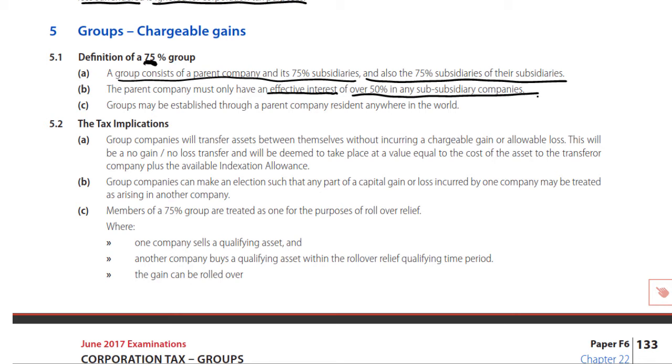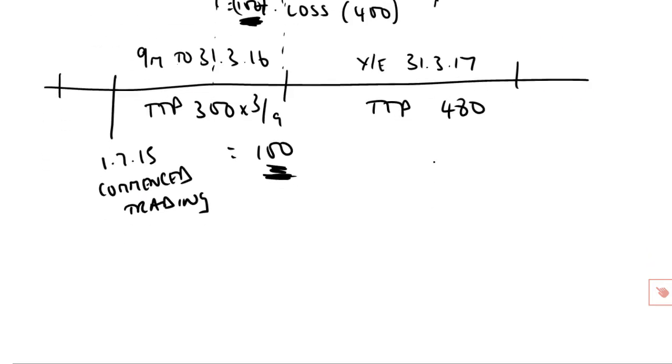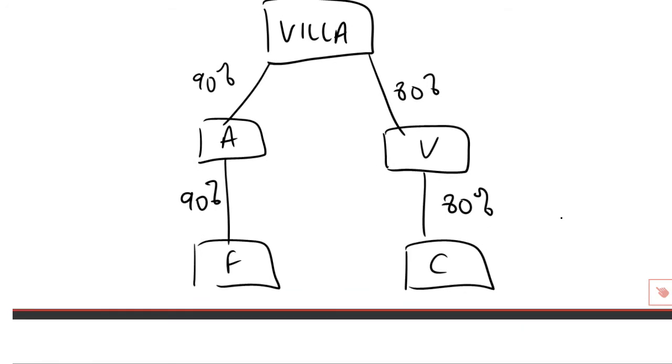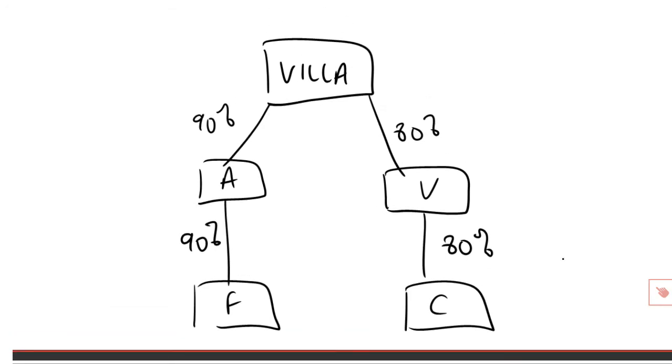If we have a little look at the example that we saw before when dealing with group relief, we had our principal parent company Villa with its direct subs A and V and its indirect subs F and C. And what we saw was that for group relief purposes there were two groups.